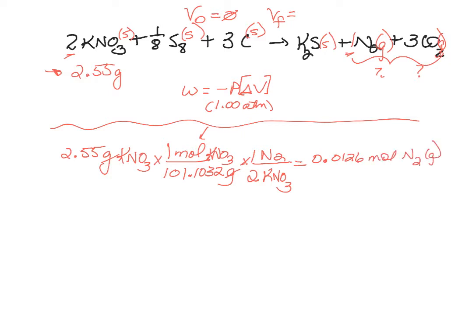Now let's do the same thing and figure out how many moles of CO2 I've generated. I'm going to go through the same process, but I'm going to use the mole ratio for carbon dioxide now.